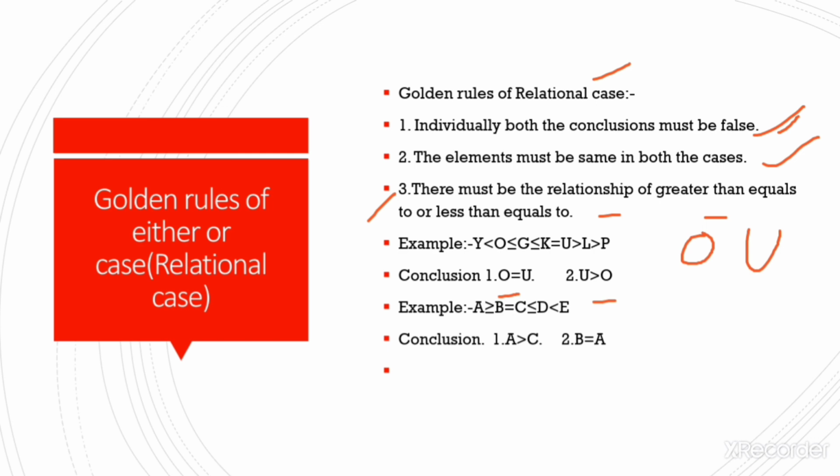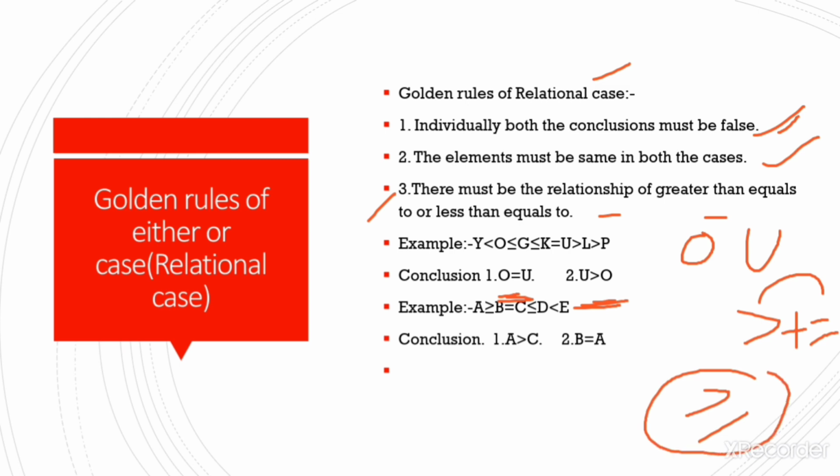Now see guys, there is the greater than sign in the second option and the is-equal-to sign in the first option. So can we write greater than plus is equal to? It is nothing but greater than or equal to, right? In this way it is making the relationship of either greater than or equal to with U. So we can say that this is our either-or case. That's how we need to check and solve the questions.